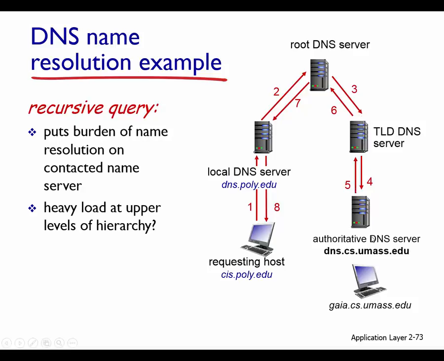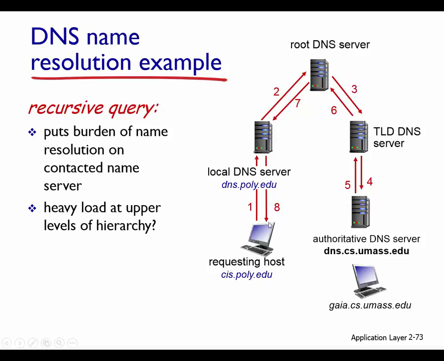And the top-level domain server says, I know where the authoritative DNS is, so it gets that information. The authoritative DNS says, well, I know the IP address of gaia.cs.umass.edu. It passes that to the top-level domain, which passes that to the root, that passes that to the local DNS, and you finally get your answer.